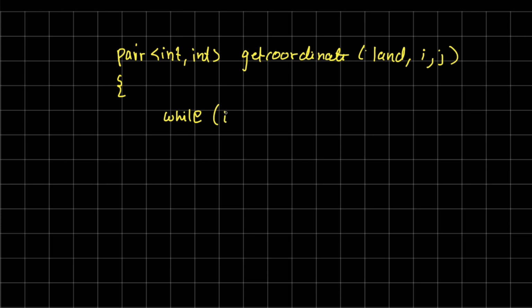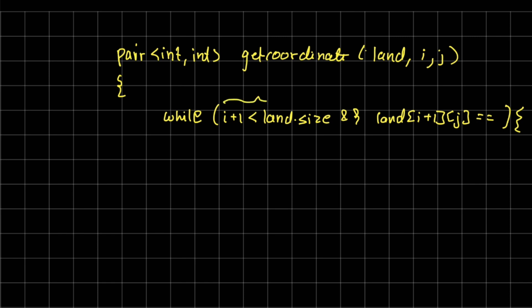So while i plus 1 is less than land dot size and land of i plus 1, j is equal to 1, as the i is inside bounds, so this is checking inside bounds of the array land, and still it is 1.